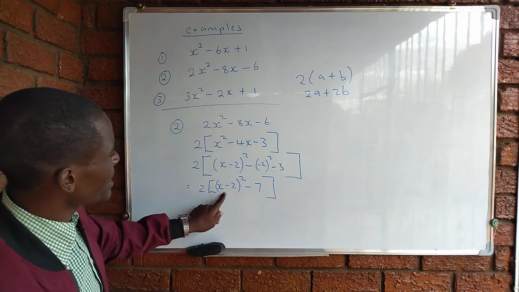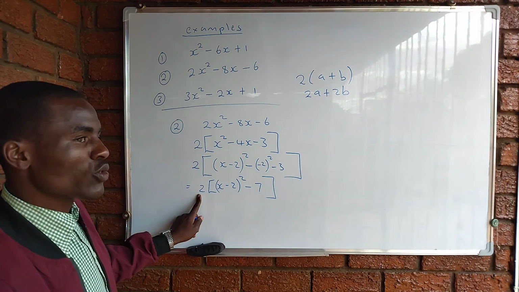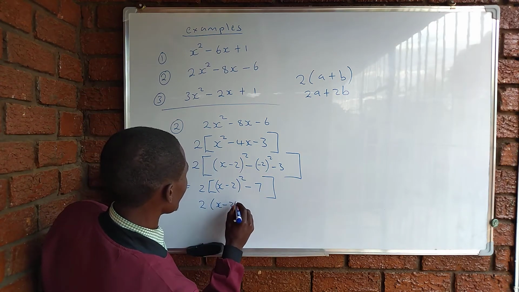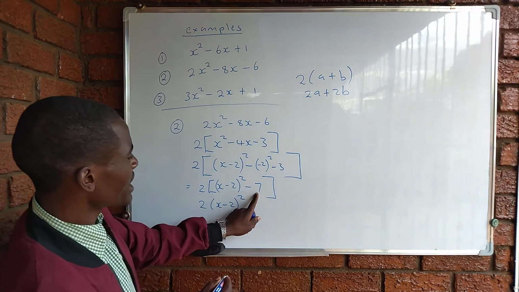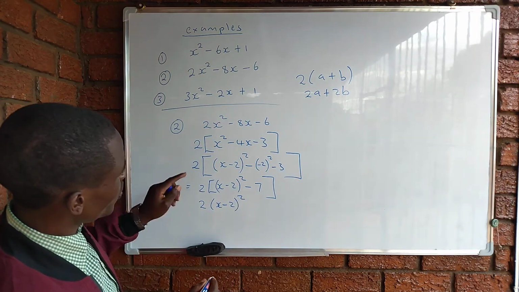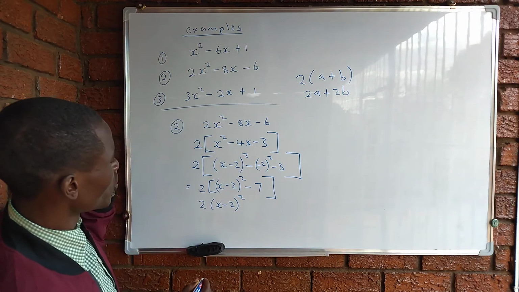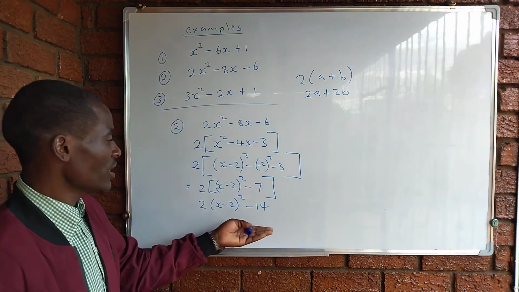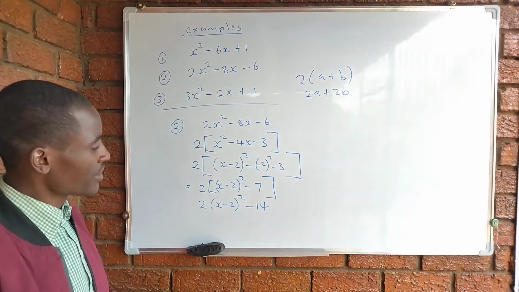Then you multiply x minus 2 squared times 2. You get 2 times x minus 2 squared. Then minus 7, we multiply by 2. So minus 7 times 2 is minus 14. So that's how we do it.